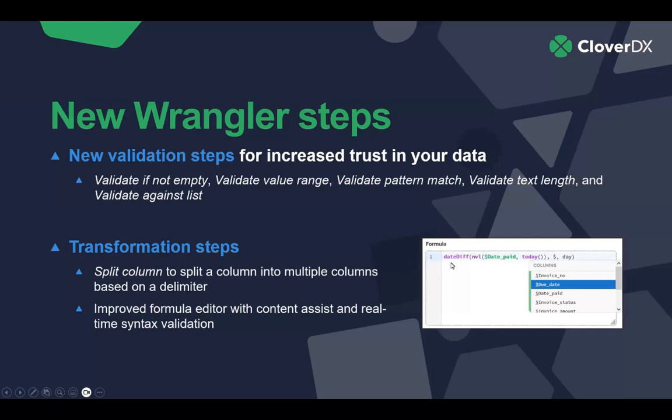It validates your formula in real time, so you'll see underlines in cases where you made a syntax error, and it has content assist. When you type $ or press Control Space, it will show you a pop-up like this where you can pick from the columns that are available in your data set. This is much easier to work with than having to copy the columns from the headers in your preview. It makes editing the formulas much faster.